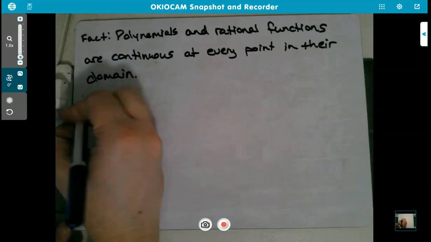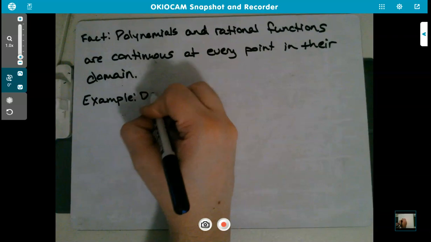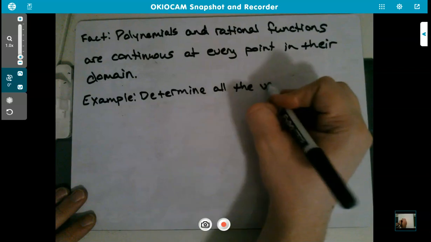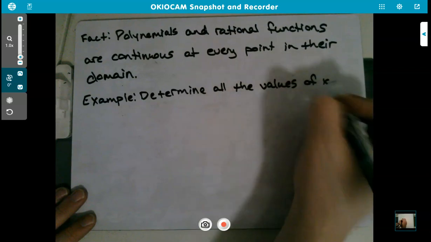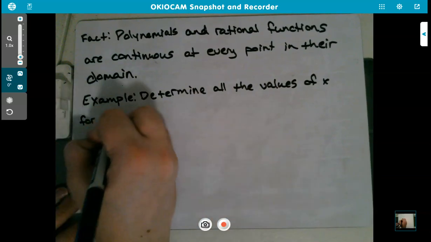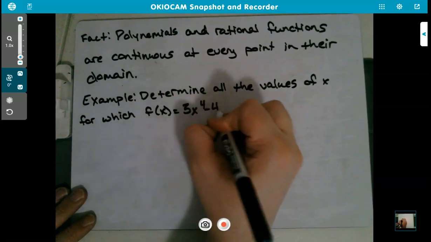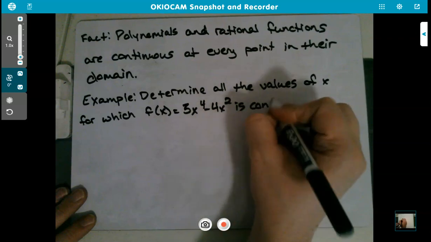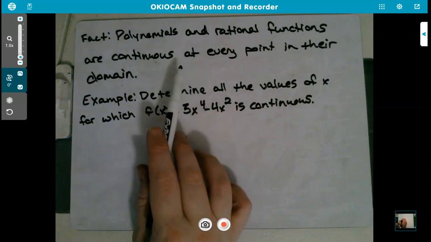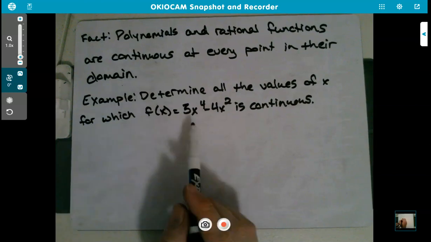Okay, let's look at some examples of that. Determine all the values of x for which the function f of x equals 3x to the 4th minus 4x squared is continuous. So as I wrote down on the fact right here, that just means every single point in the domain of this will work out.